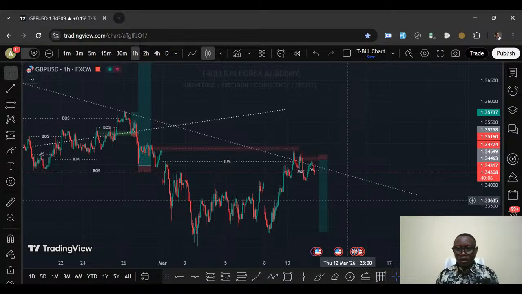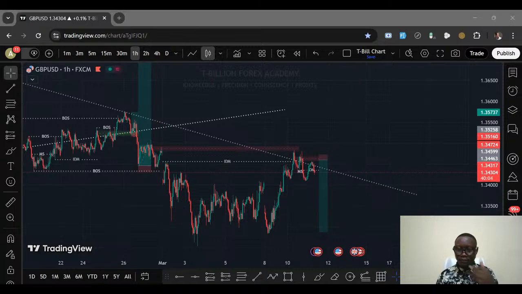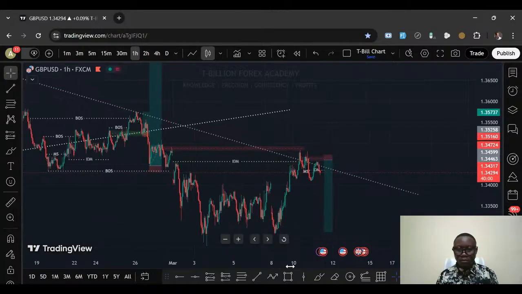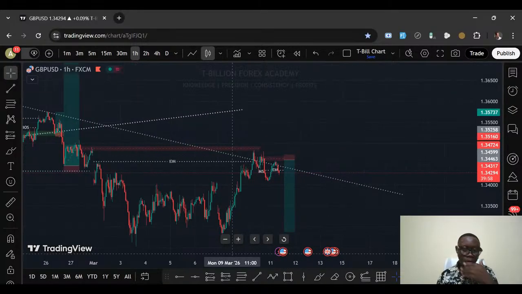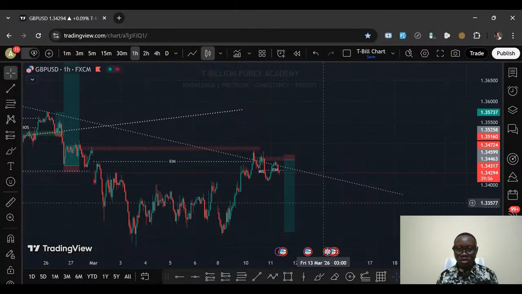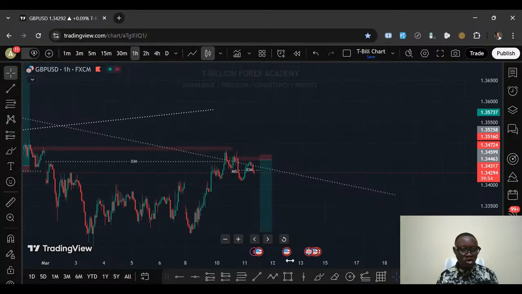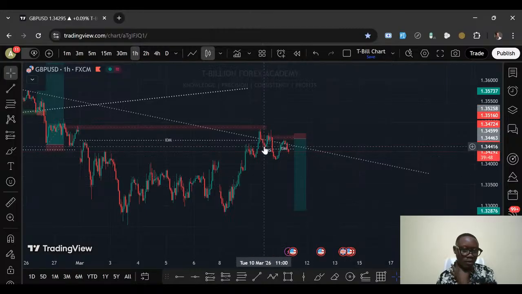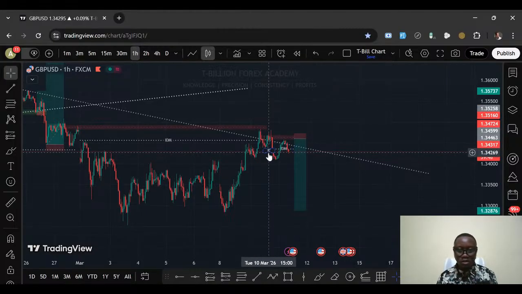All right. So let me explain why I took this trade. So the overall market structure is bearish, right? And as you can see, we have our market shift at this price level.